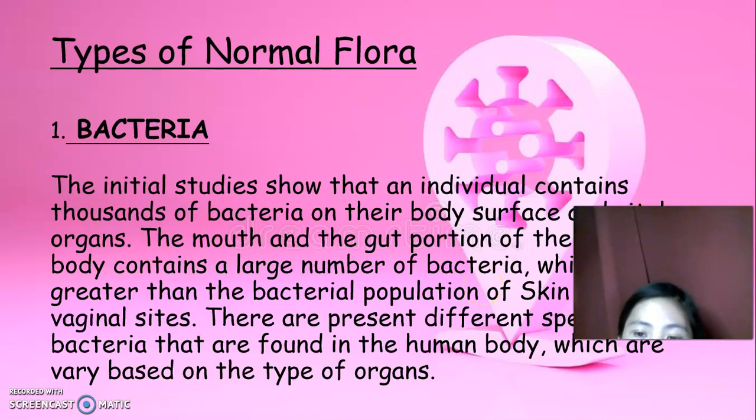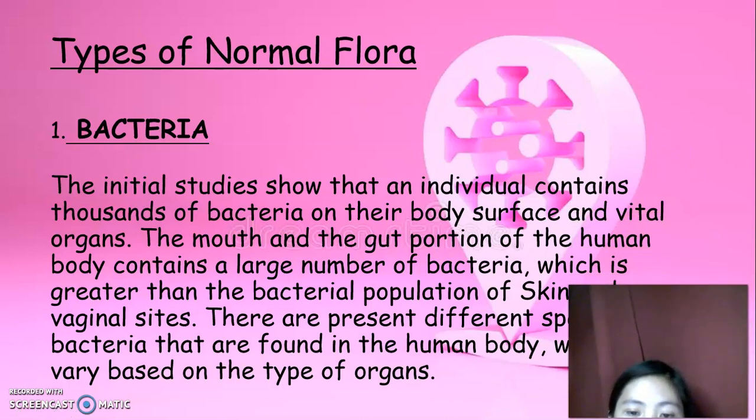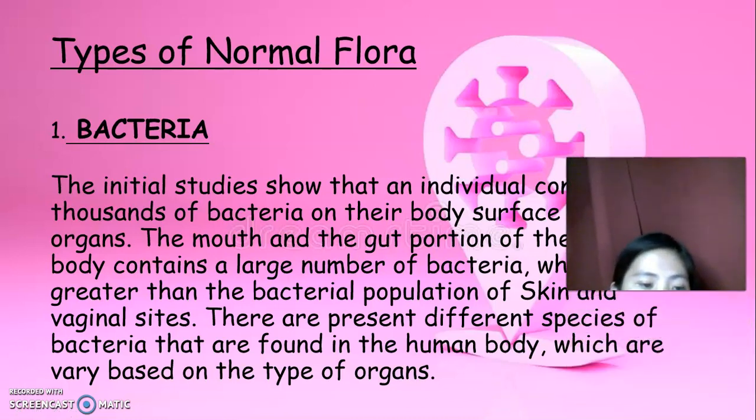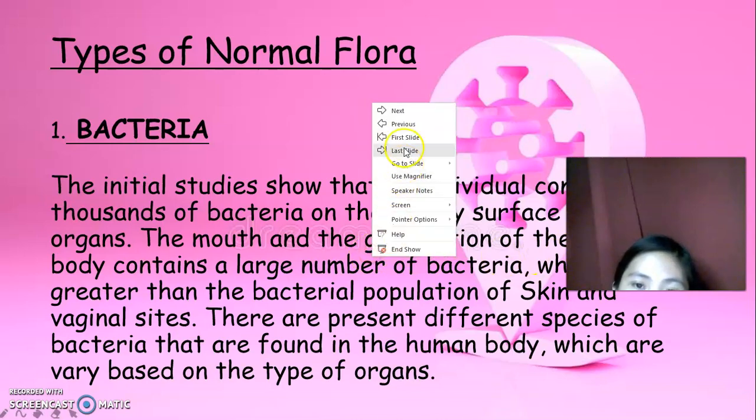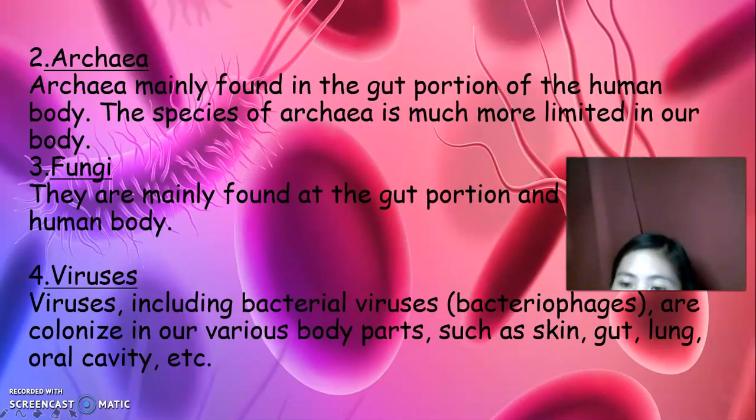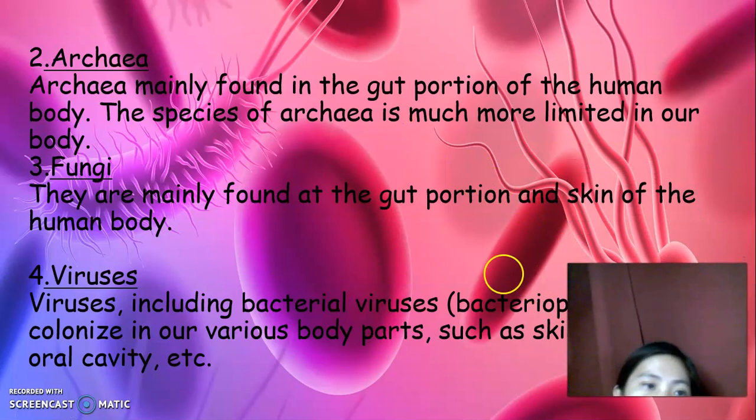The mouth and the gut contain a large number of bacteria, greater than the bacterial population of skin and vaginal sites. Different species of bacteria are found in the human body, and they vary based on the type of organ.